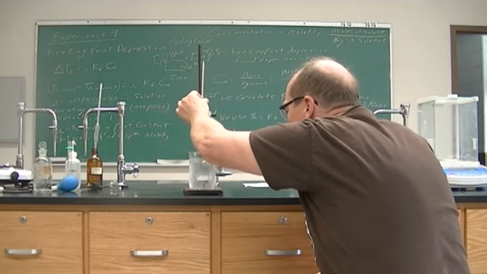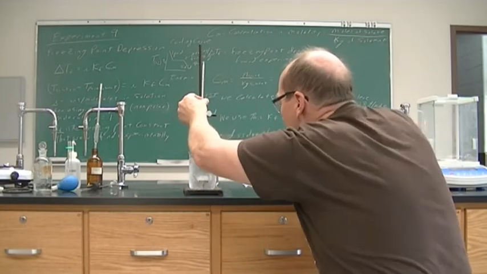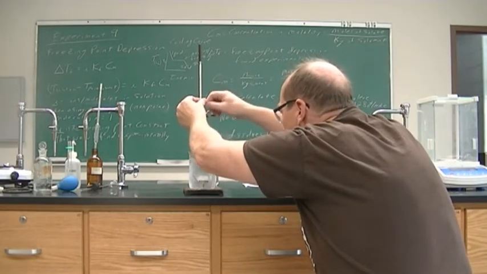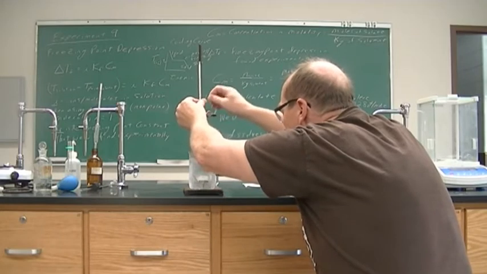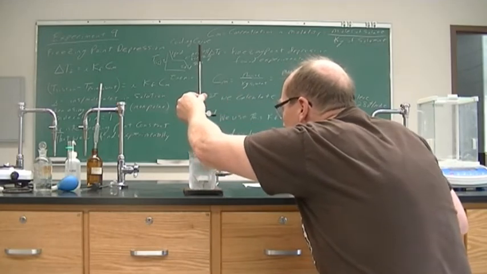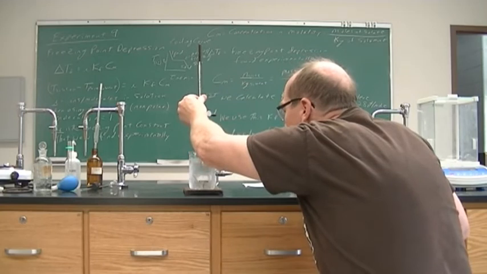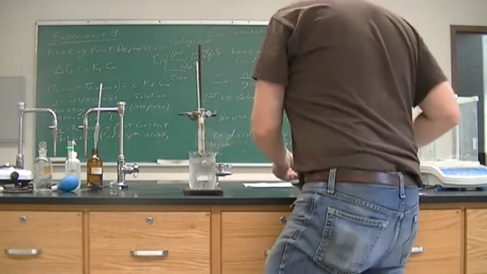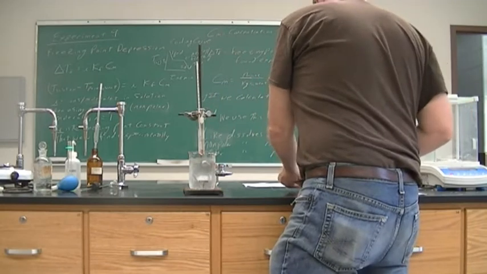So the freezing point of the cyclohexane is 4.5 degrees Celsius. All right, so now what we're going to do is we're going to add our naphthalene.